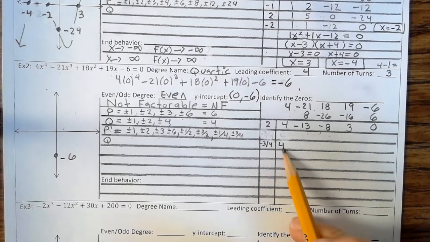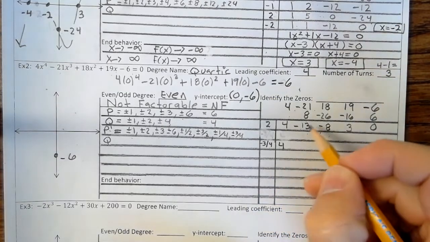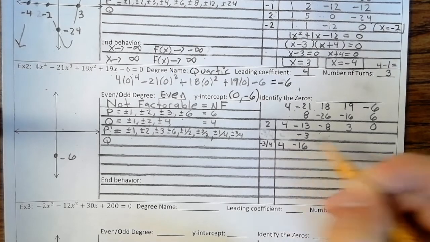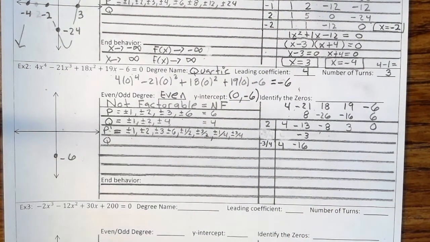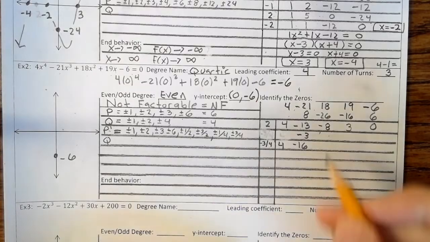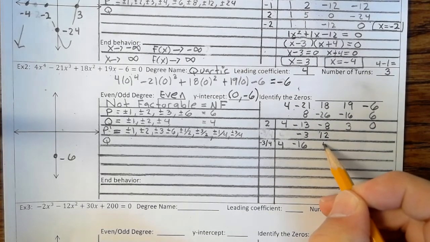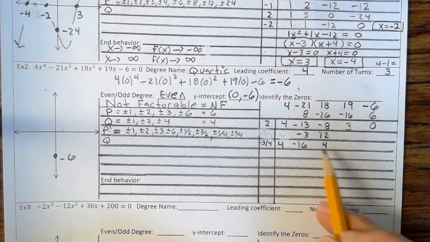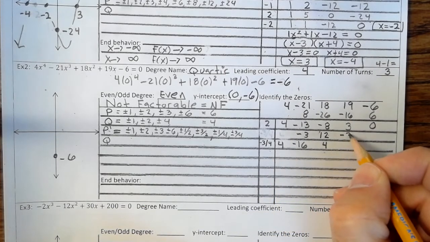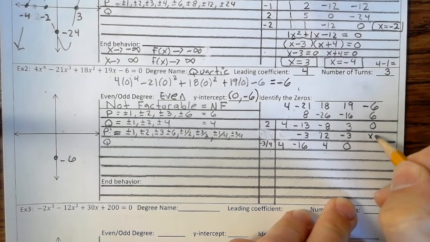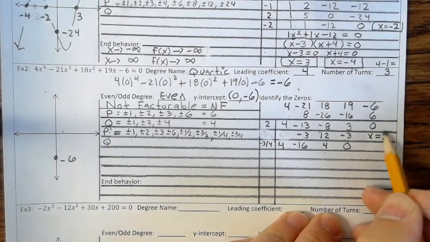Negative 3/4 times 4 is negative 3, which gives negative 16. Negative 3/4 times negative 16 is positive 12. That combines to be positive 4. Negative 3/4 times 4 is negative 3. Remainder of 0. Almost forgot to write x equals 2 is one of these zeros.